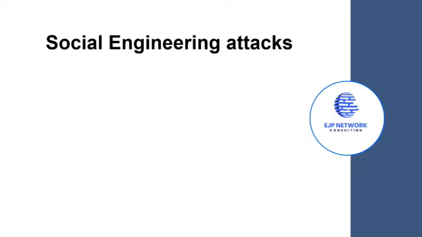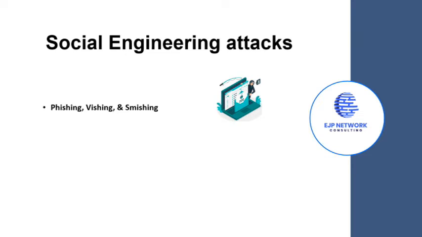Social engineering is a manipulation technique that exploits human error to get access to confidential or private information. In social engineering attacks, you can have phishing, vishing, or smishing.